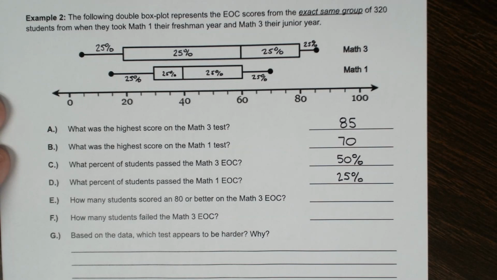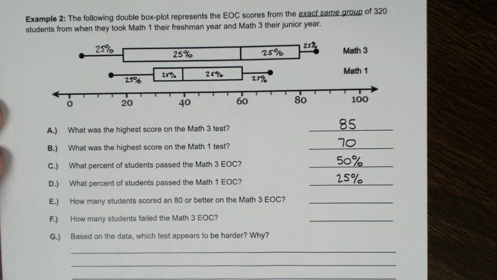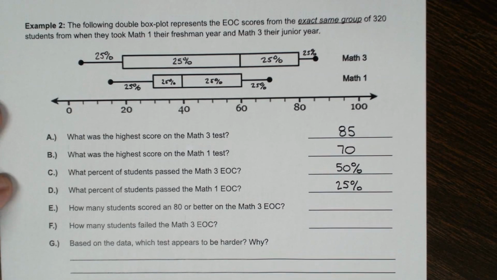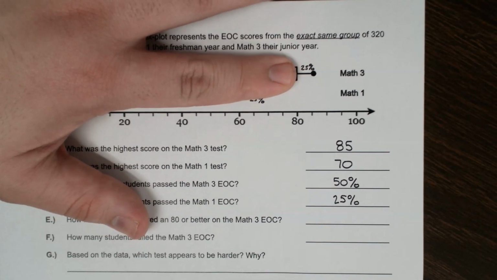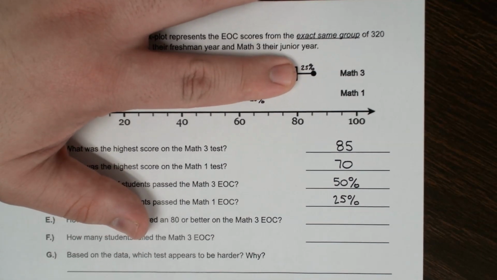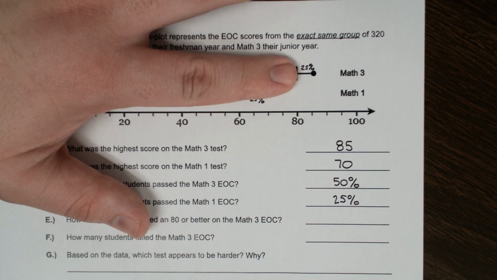E and F are saying how many students scored, so for E, how many students scored an 80 or better on the Math 3 EOC? Okay, so 80 or better is just this top whisker. How many people is in that whisker? 25%, which is how many people? 80? Why do you say 80?